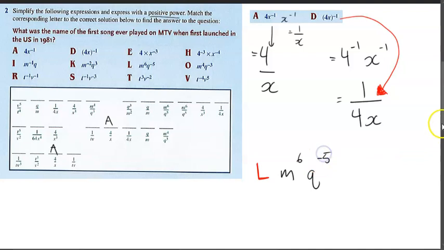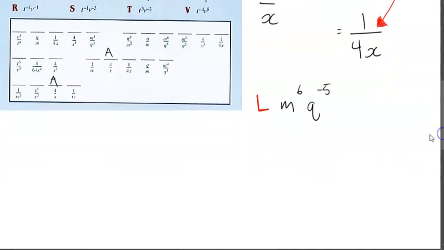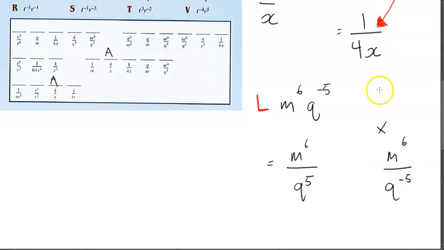So you can see that applying the same logic we did with the first one, any positive powered numbers or variables stay on the top. Any negatives go on the bottom. And just be careful. When you apply this logic where you're putting it onto the bottom, what I do see, and this is the incorrect way, is some students do this, and then they put it onto the bottom, and they put that negative there with it.